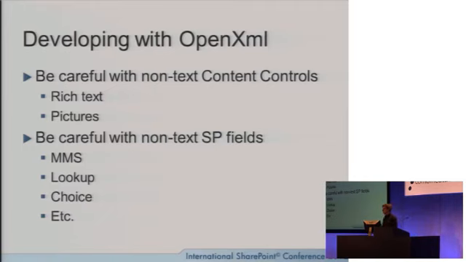You need to be quite aware of what type of column you're trying to replicate into your Word document. Obviously for MMS you need different code to look up, and for choice and so on, pretty much every type of content. And if you've got any custom fields, you need to be aware of how to get the value that you want to render into your document.